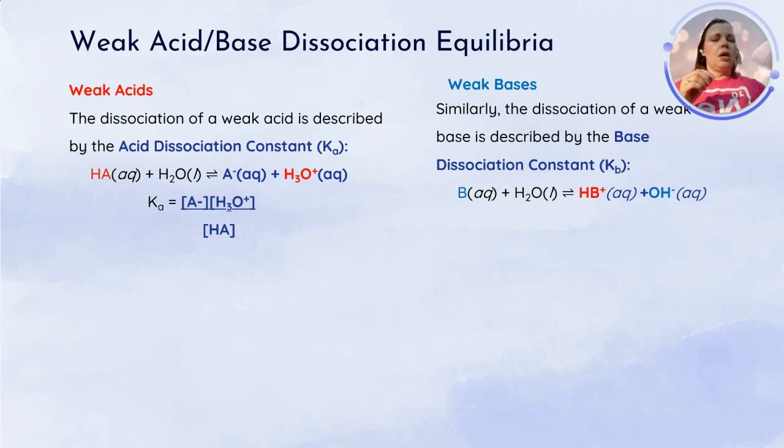And so that base actually pulls the hydrogen off of water, and that's how the hydroxide is formed. And the hydroxide ion is, of course, the basic particle. It took them a little while to figure that out. They knew about the existence of weak bases before they could determine the mechanism through which those weak bases actually acted. So that's kind of interesting. So then there's your Kb for your weak base.